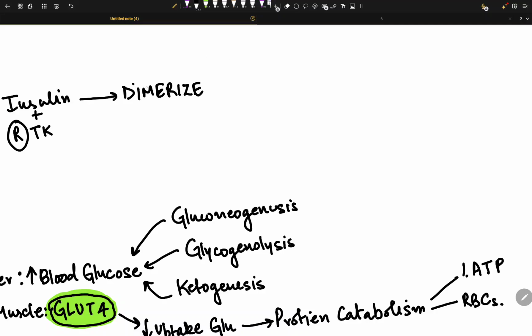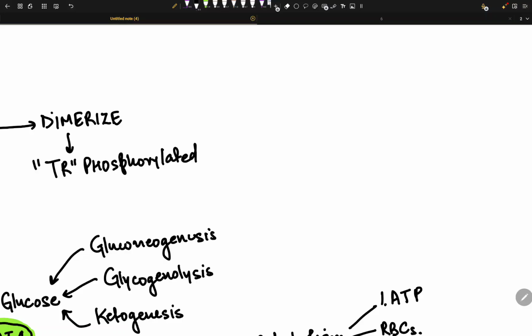They will change their shape and they will become one. So the tyrosine residue becomes phosphorylated. Once it's phosphorylated, the intracellular signaling will start.